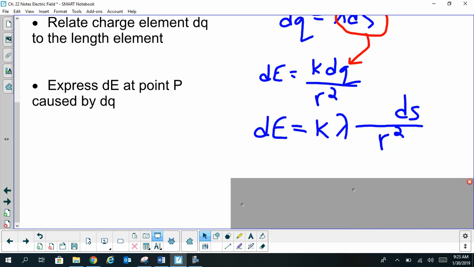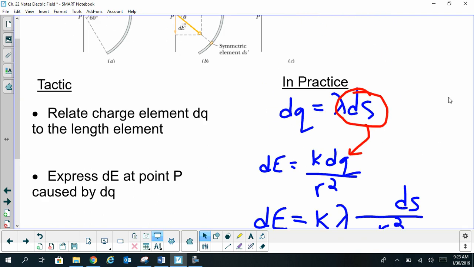So now we have this expression: our little bit of electric field caused by that little bit of charge is equal to Coulomb's constant K times our linear charge density, which is also a constant, times ds over r squared. Okay, so there are our first two tactics. Now, this isn't as simple as being able to just add this up. We can't integrate at this point because we have to go back and look up here.